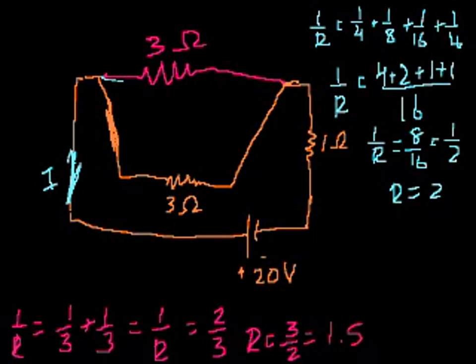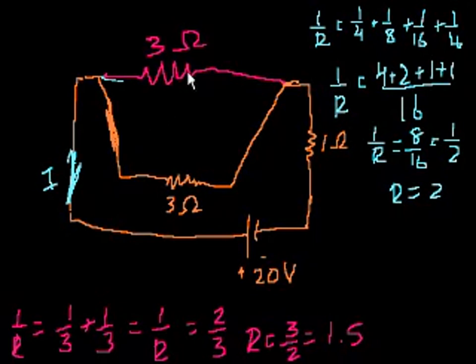So let's erase that and simplify our drawing. This 3 ohm resistor in parallel with another 3 ohm resistor is equal to one resistor with a 1.5 ohm resistance.